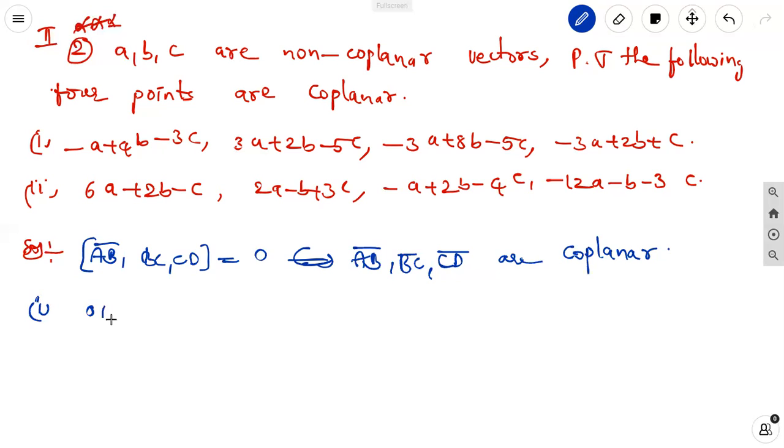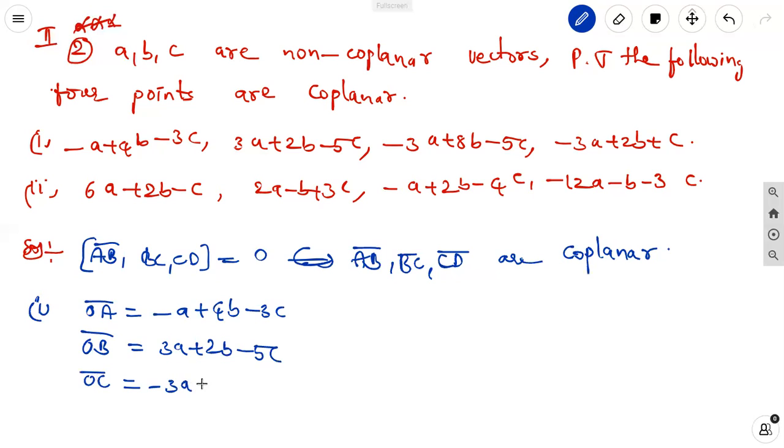That is, OA position vector is equal to minus a plus 4b minus 3c. OB position vector equal to 3a plus 2b minus 5c. OC position vector equal to minus 3a plus 8b minus 5c. OD position vector equal to minus 3a plus 2b plus c.